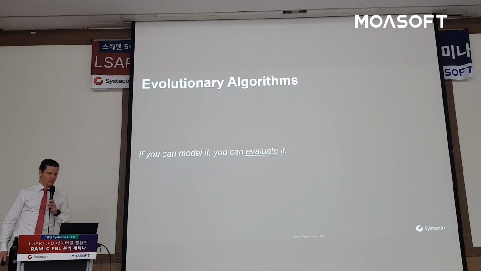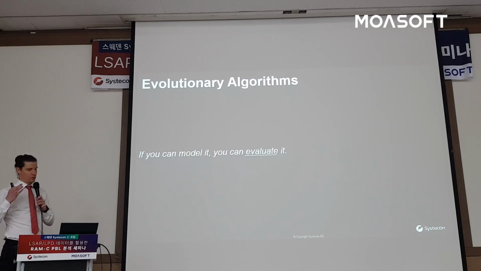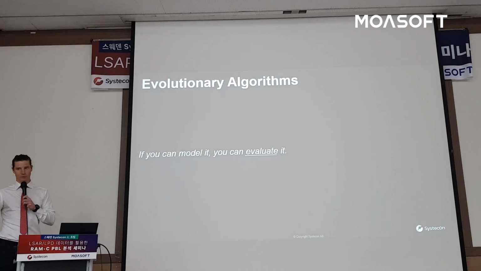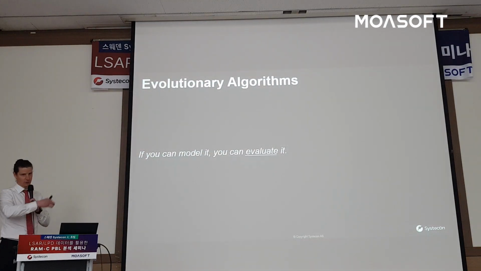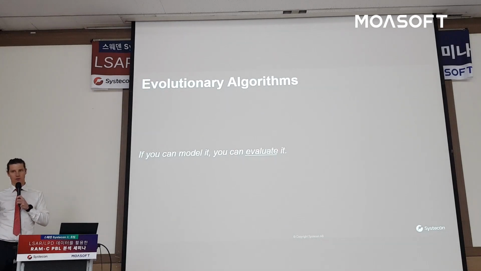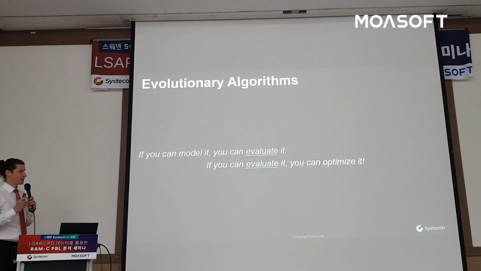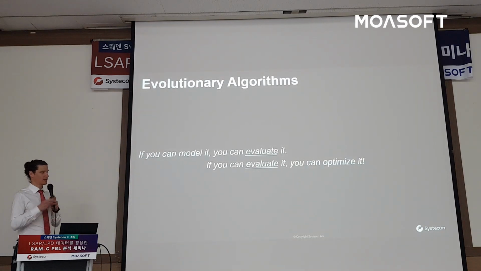And you can say it like this: if you can model something, then you can hopefully evaluate it. So if we have a model, you know, we talked about data and data model and so on, and if we can evaluate the outcome of the input data in that model, then if we can evaluate, we can also optimize it with this approach.